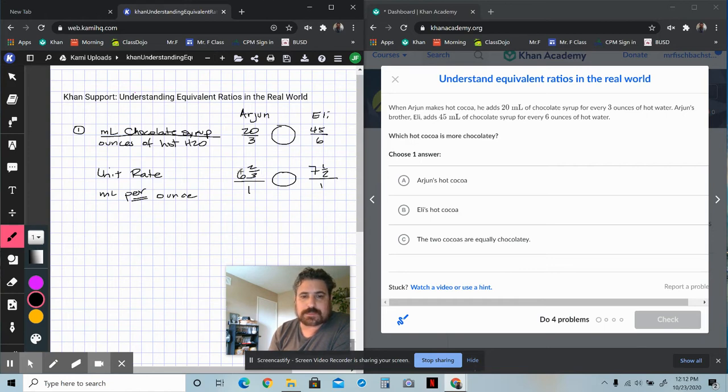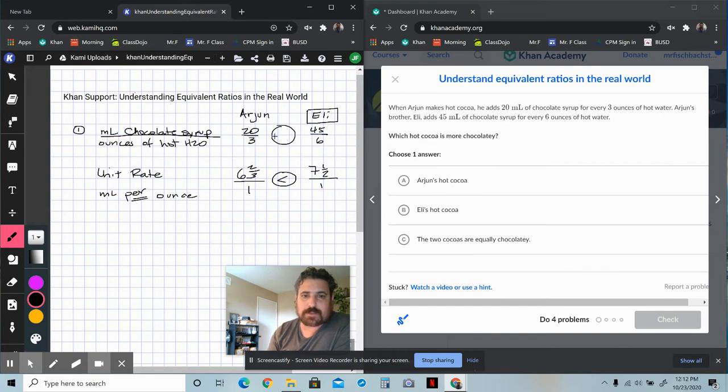This person uses 6 2/3 milliliters of chocolate syrup per ounce. This person uses 7.5 milliliters of chocolate syrup per ounce. So obviously 7.5 is more chocolate syrup per ounce, which means they are more chocolatey. So Eli is the chocolatey winner. His is more chocolatey than Arjun's.